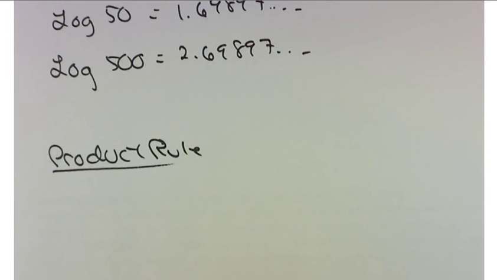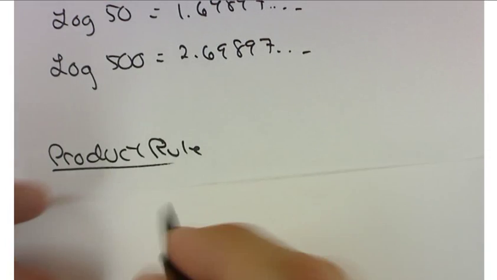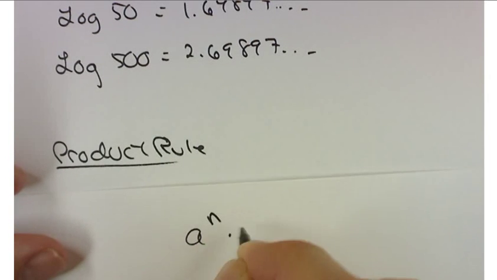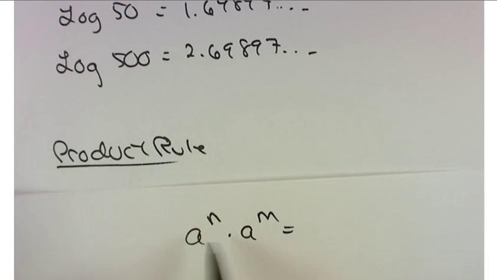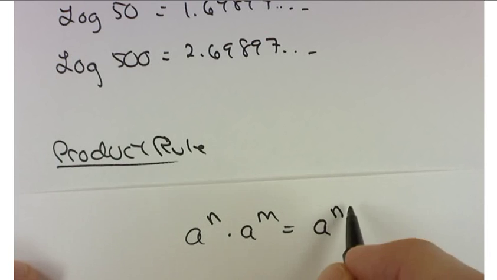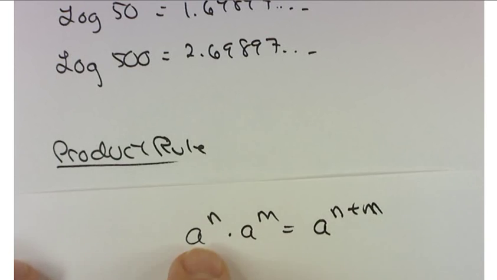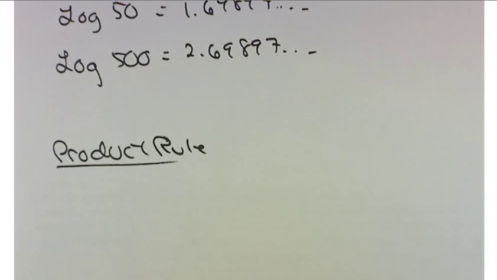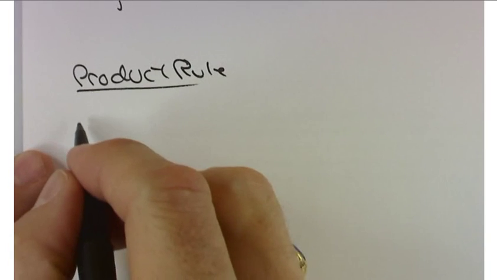When we're dealing with exponents, if we had 2 things with the same base, when you multiplied them, what'd you do with their exponents? You add them. So the product turned into a sum. And the same thing's going to happen here.